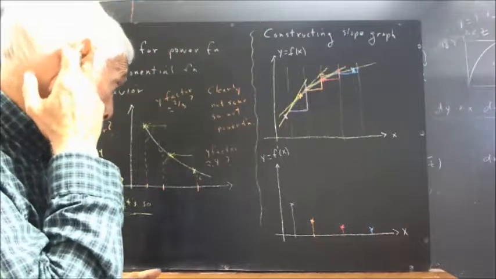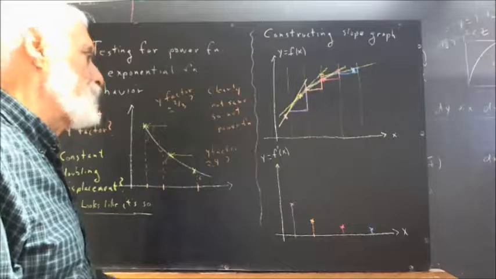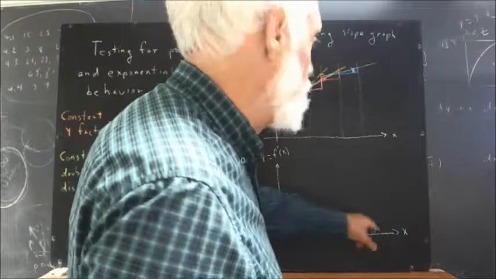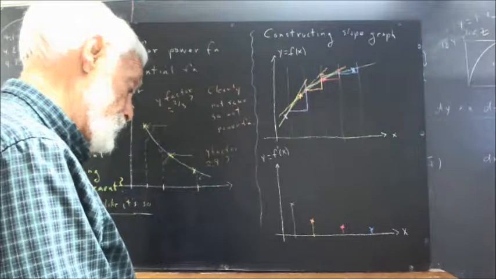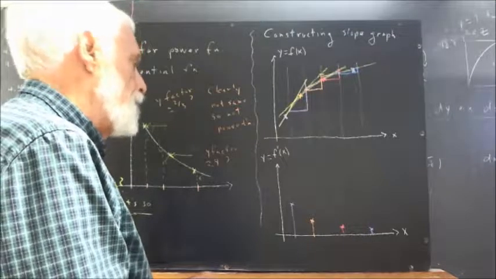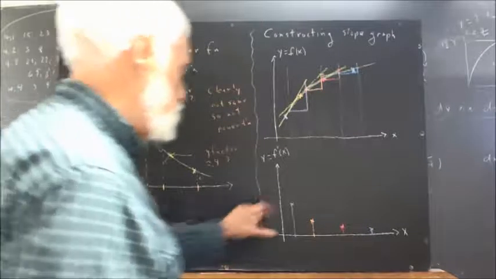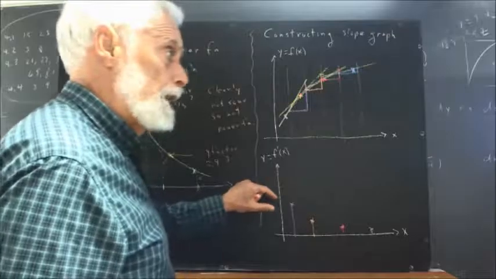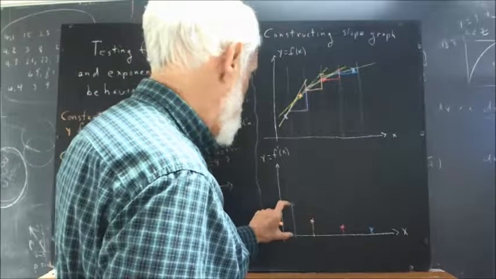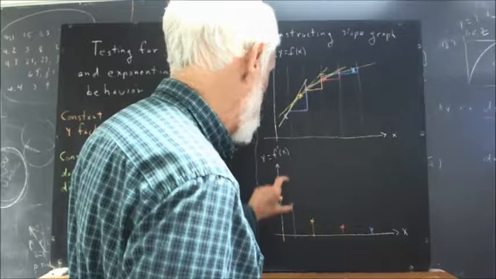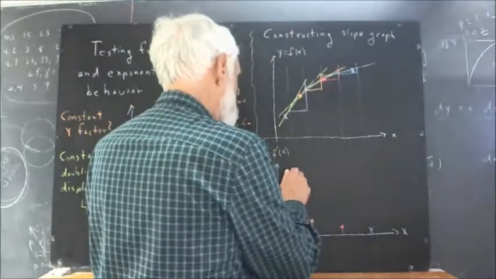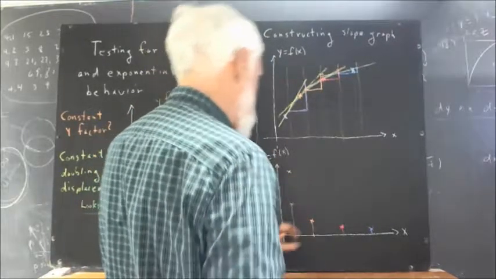Now, I can actually see the curvature of the slope graph a little better if I simply double the coordinates of all these points. Since this graph is unscaled, I'm free to do that. I still get the shape of the slope graph, and it can still be scaled to represent the accurate graph.